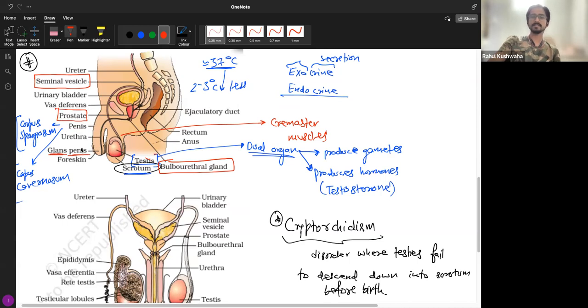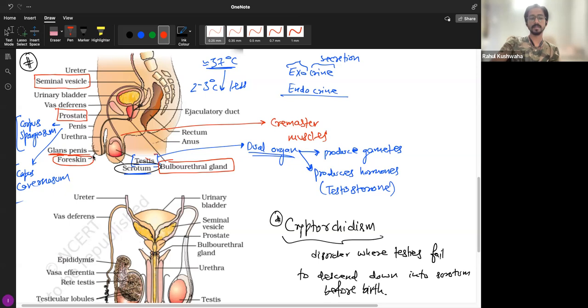And the glans is a very sensitive tissue, and it is covered with a skin fold known as the foreskin. Now this skin fold develops in kids simply for protective reasons.